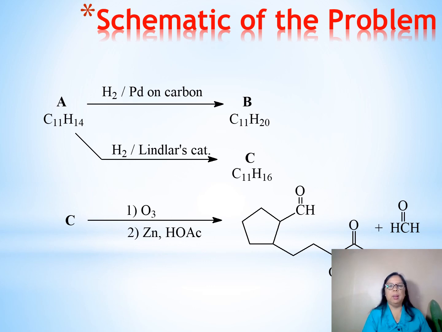Again, these are also some examples of exam questions. Complete the illustration. What if you have C11 is 14 and you are required to add this? What will be the product? What if from here you're going to add Lindlar's catalyst? What will be the product? So these are actually blank spaces that you're going to answer.